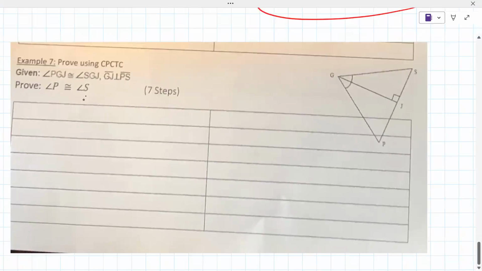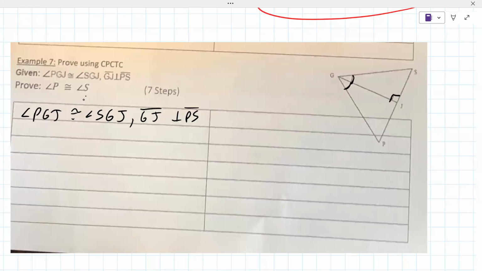So, given angle PGJ is congruent to angle SGJ, that's this one up here. VJ is perpendicular to PS, so that's why this 90 degree is written there.